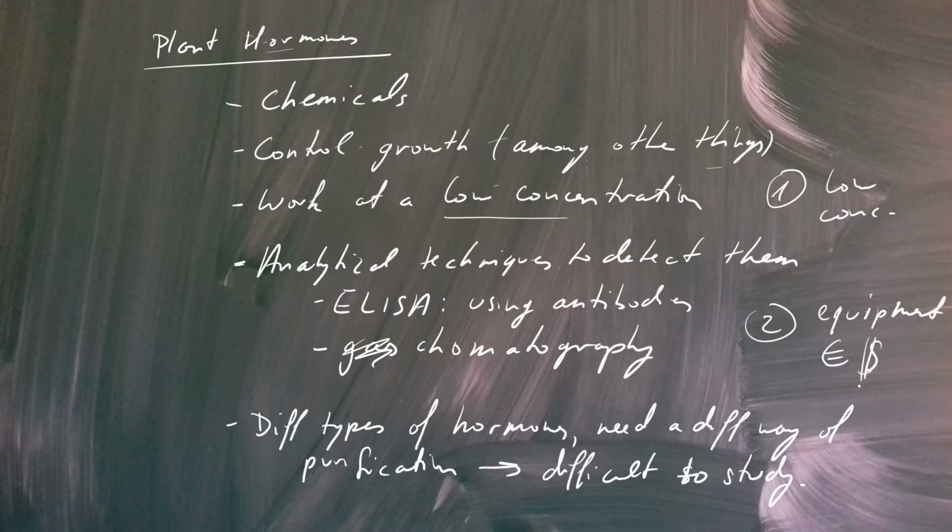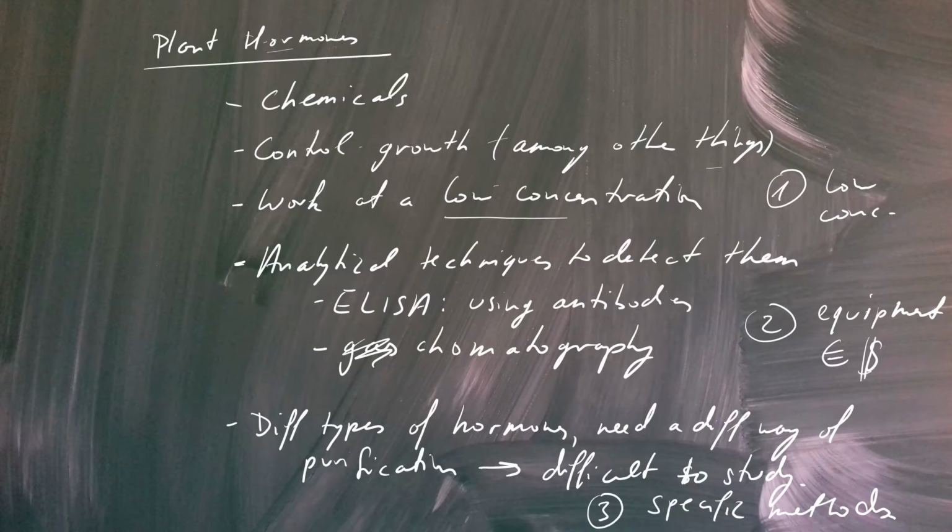And the last thing is that the different hormones have to be extracted first before you can analyze them, so there is a whole bunch of chemistry involved as well. So you need specific methods, and this made the studying of plant hormones kind of difficult, because they work in very low concentrations, and detecting those low concentrations is difficult.